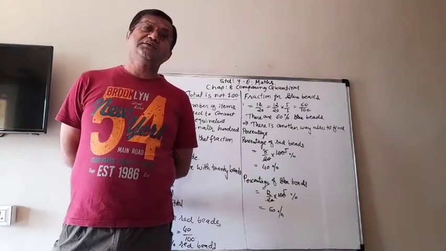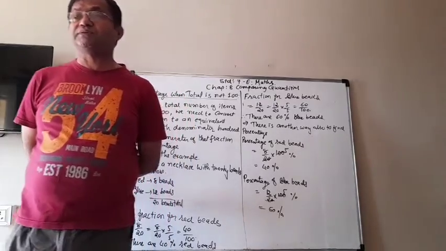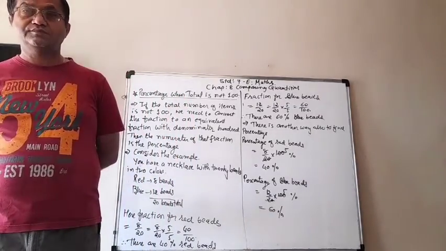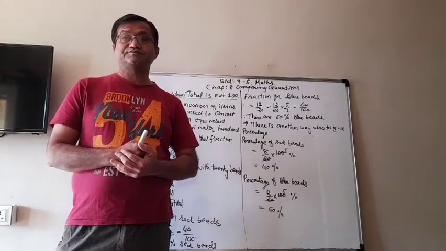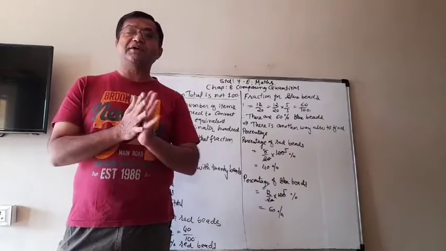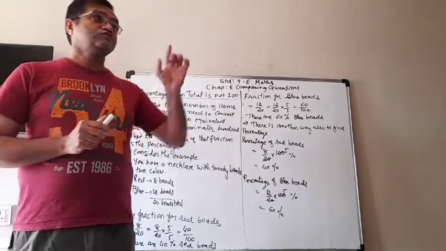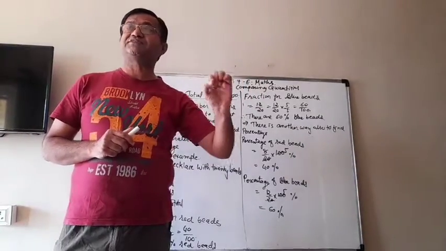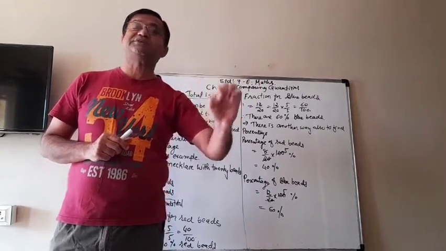Percentage is a number, or actually the numerator of a fraction whose denominator is 100. So when the denominator is 100, the numerator of that fraction can be taken as the percentage.